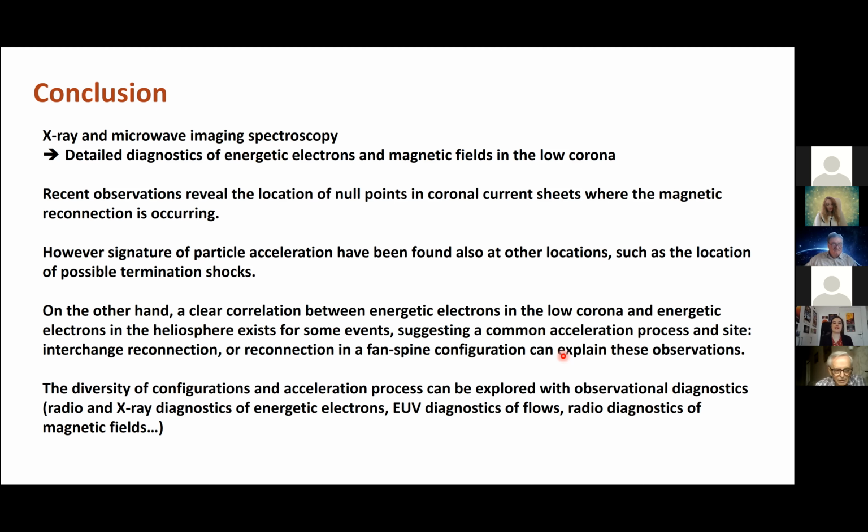But we also have, on the other hand, observations of particles that show a correlation between the particles that are escaping and the particles that are staying in the low corona. And so we have a diversity of configurations and acceleration processes to explore at the same time. And current observational diagnostics are really helping to distinguish between all of those.